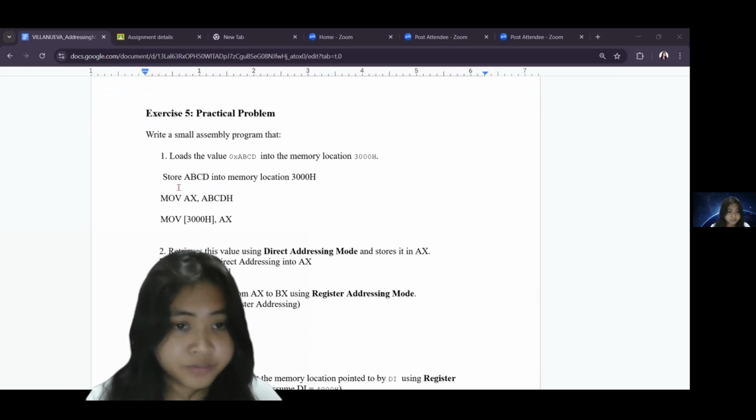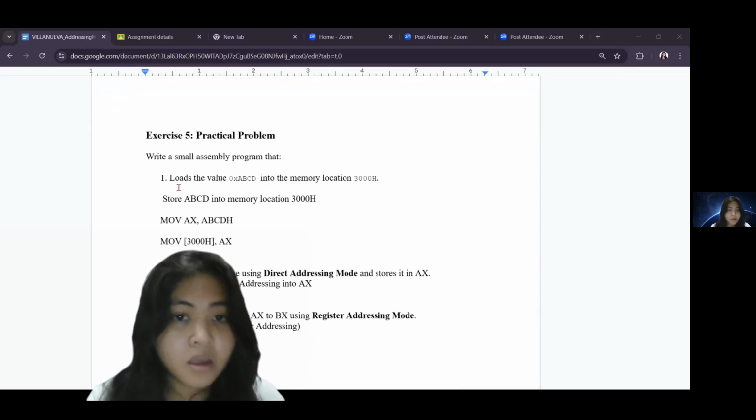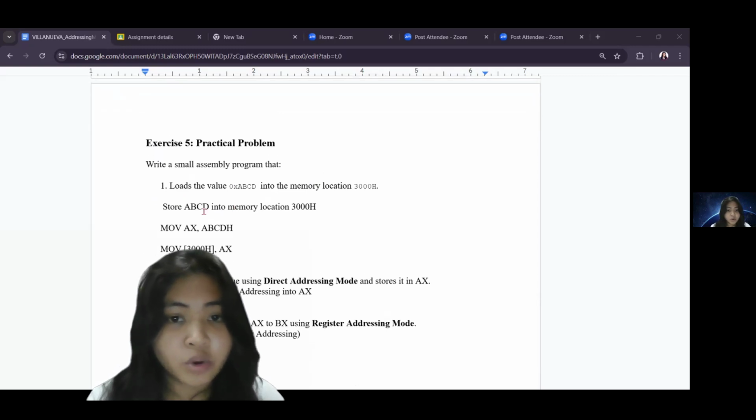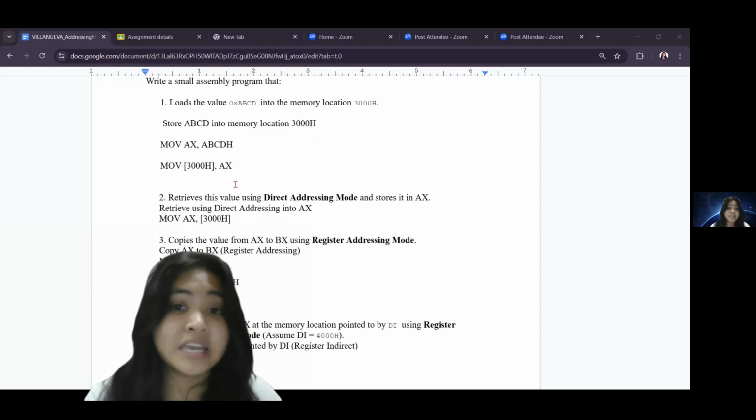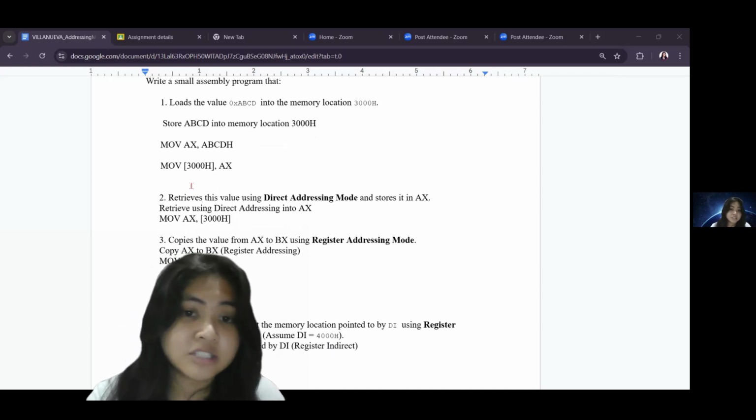So here is my code. Step 1, store ABCDH at 3000H: mov AX, comma, ABCDH, and mov bracket 3000H, comma, AX. We load the immediate value into AX, then store it using direct addressing.